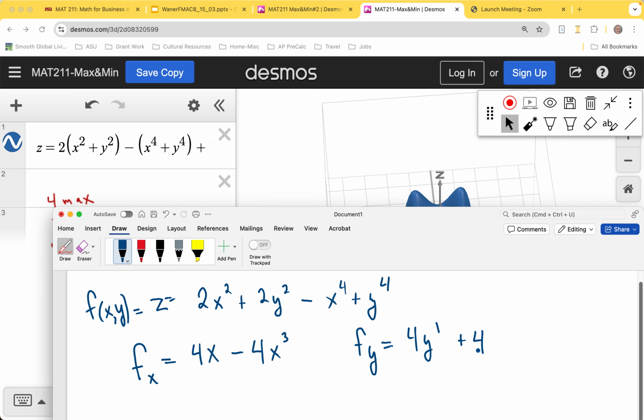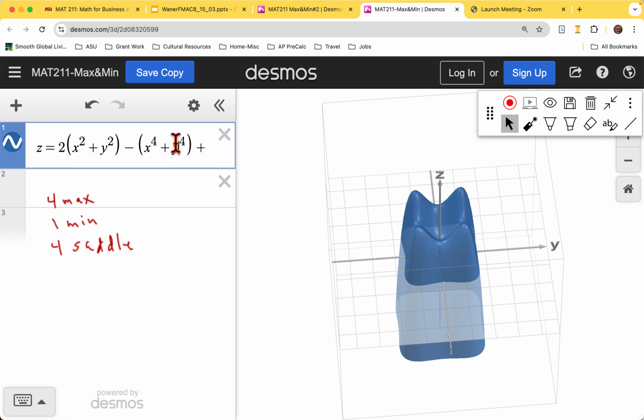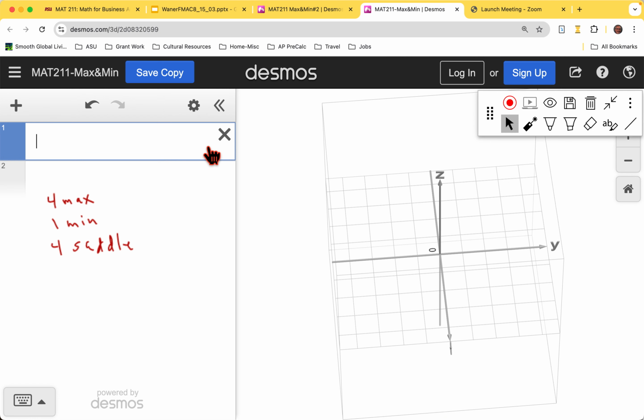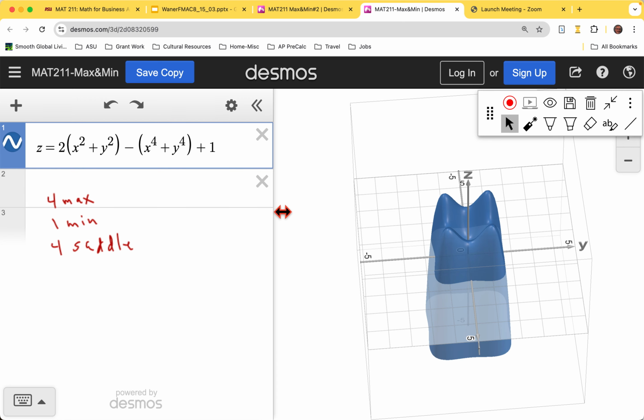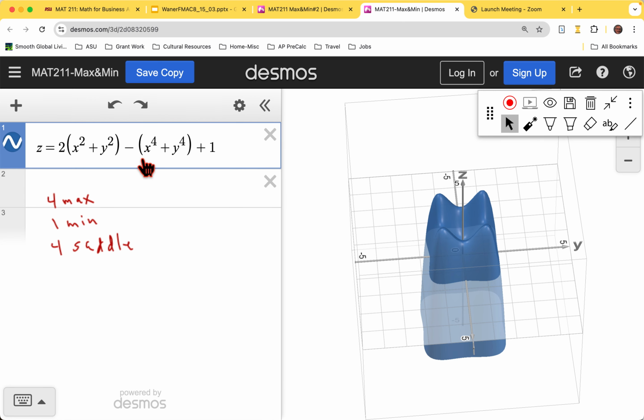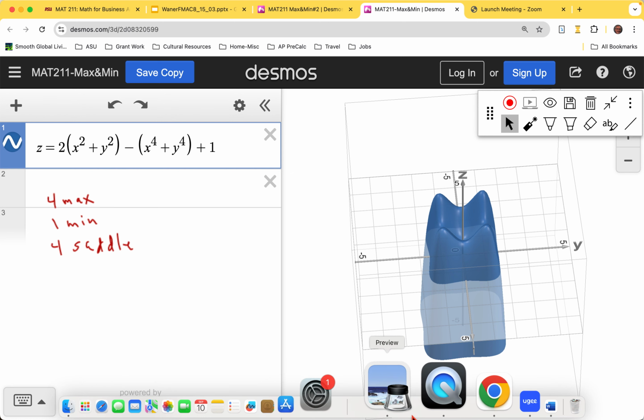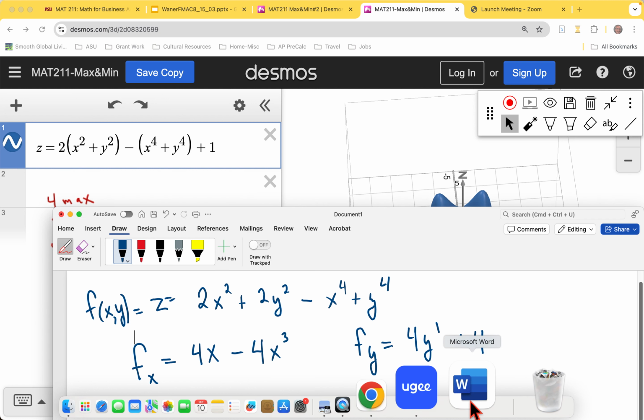Wait a minute. There's more to this than meets the eye, right? Oops. Let's see, bring it back. Okay, there's a +1. So I didn't have the full function. The other thing I'm noticing is I'm going to have to distribute this negative sign through. That's the basics if you make a mistake.